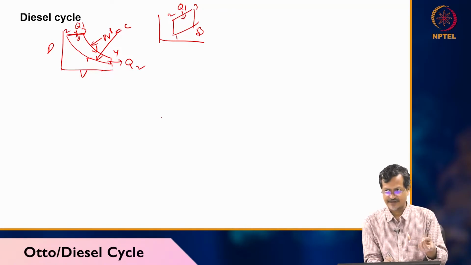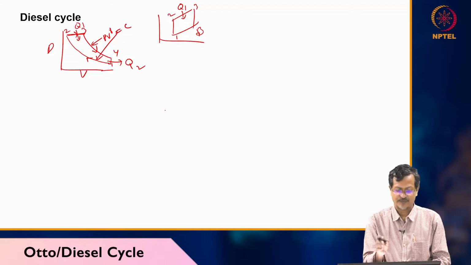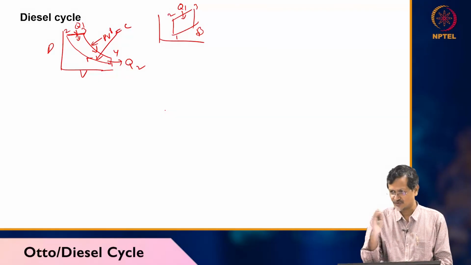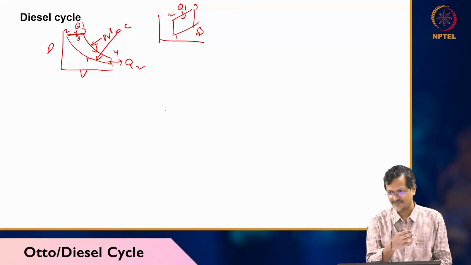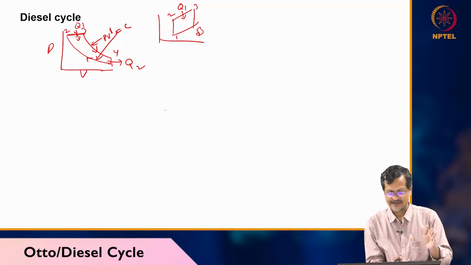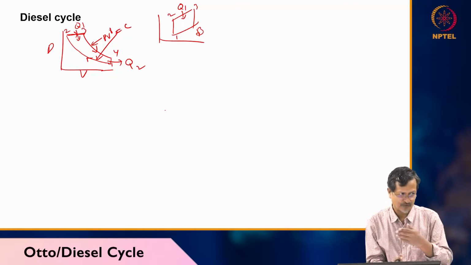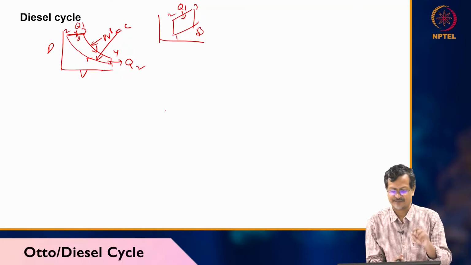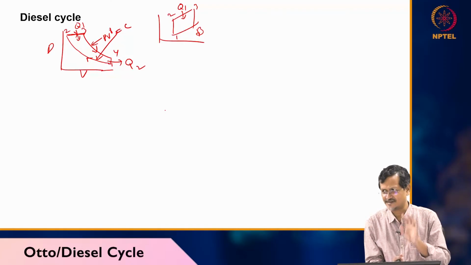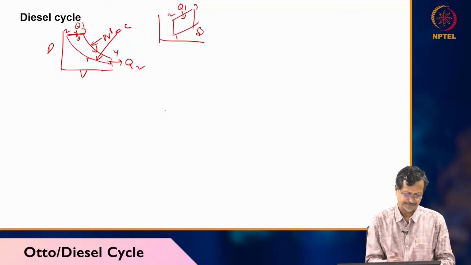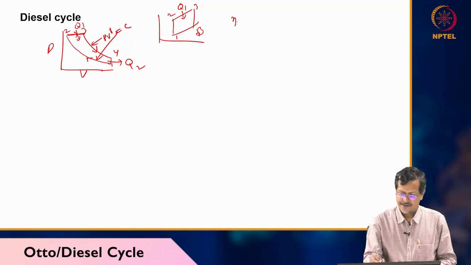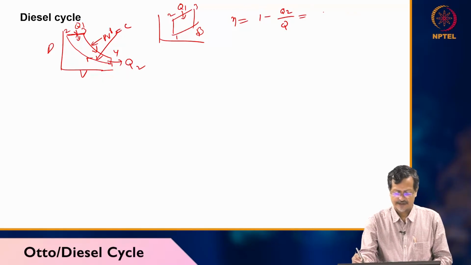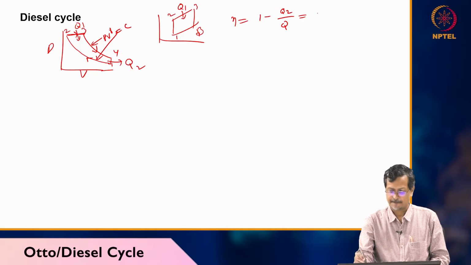We are assuming that heat is rejected from 4 to 1, but in the actual process there will be a separate stroke. The exhaust gas will take all the heat. When you remove the exhaust gas, that heated gas is the heat rejection process, but here, because of approximation, we assume 4 to 1 heat rejection. So eta equals 1 minus Q2 by Q1, heat rejection divided by heat addition.